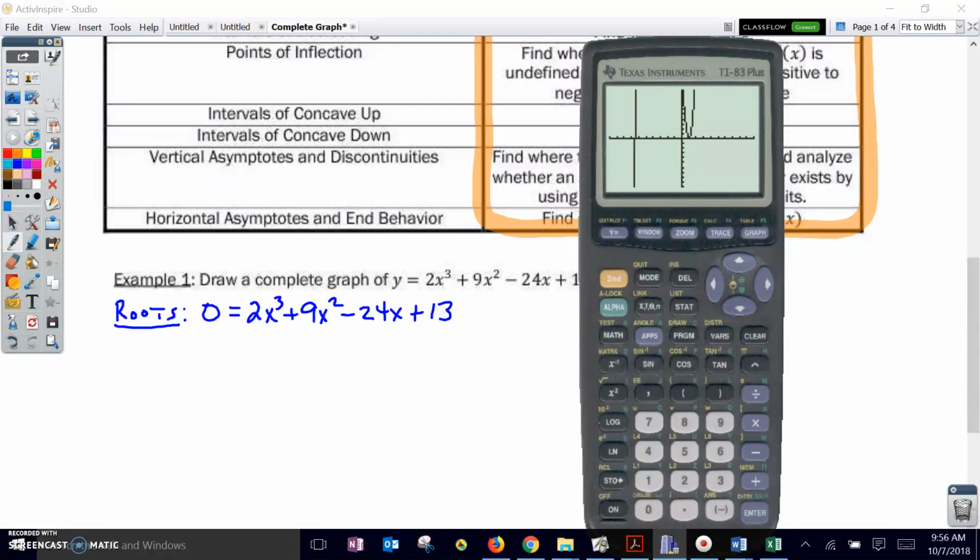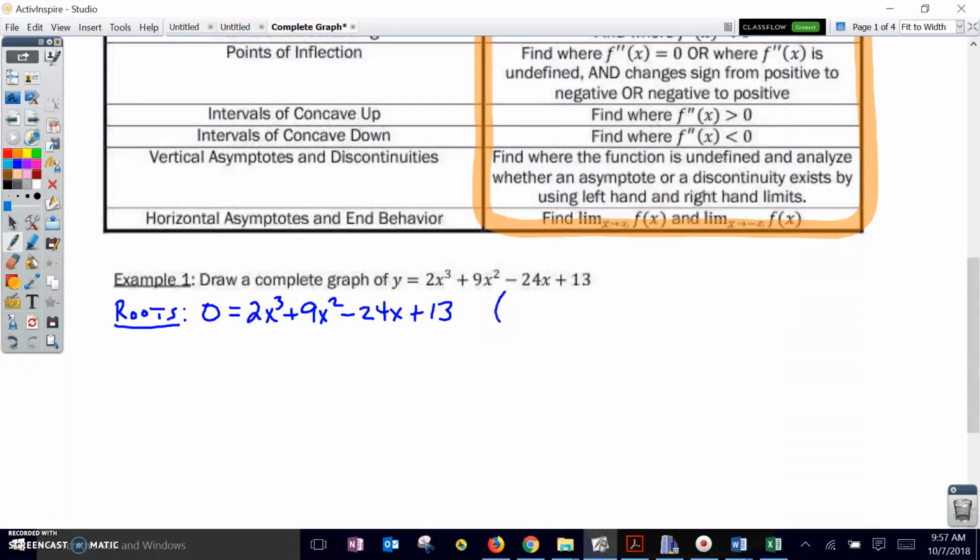Let's try this again. Maybe I just had the values too far out. Alright, and so we get one root here at -6.5.